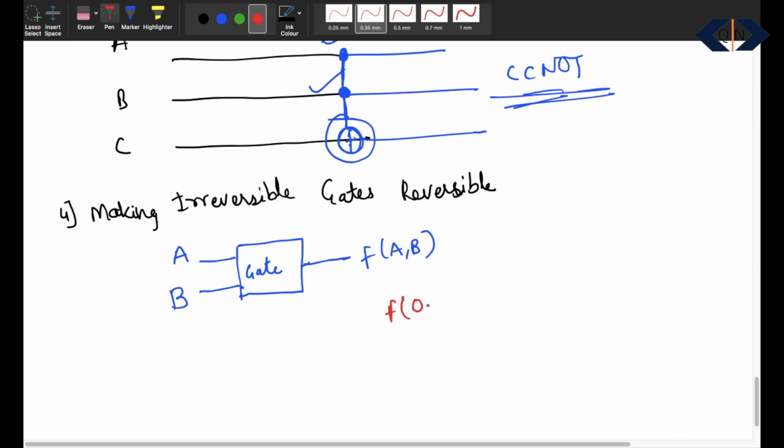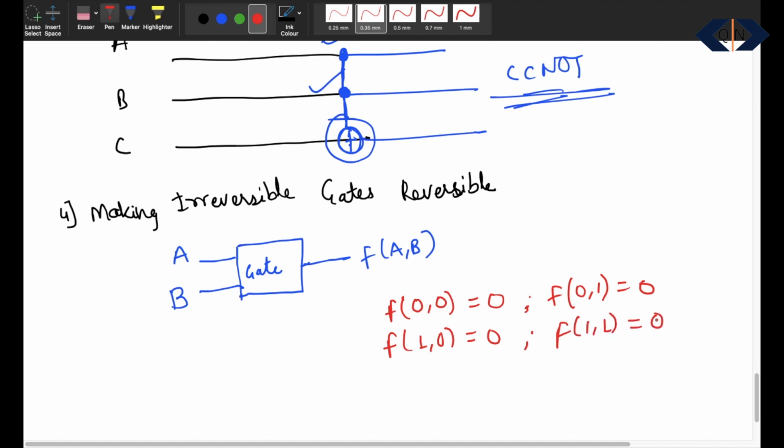Suppose A is 0, B is 0, F(0,0) will be 0, F(0,1) will be 0, F(1,0) will be 0, F(1,1) will be, sorry, this will be 1.